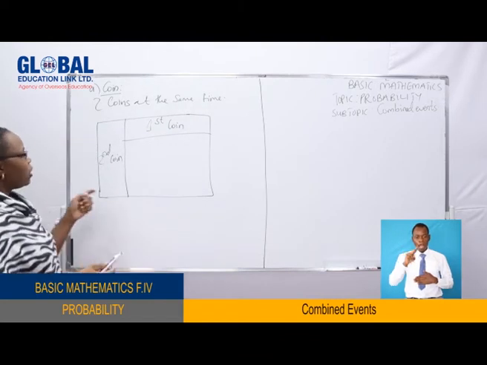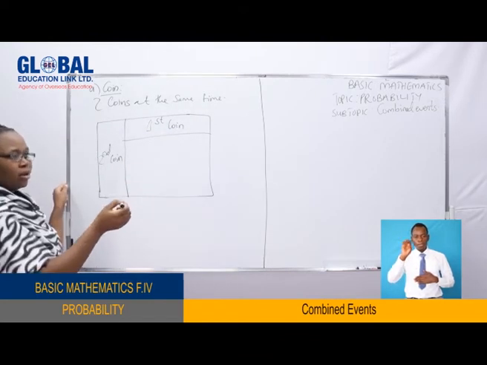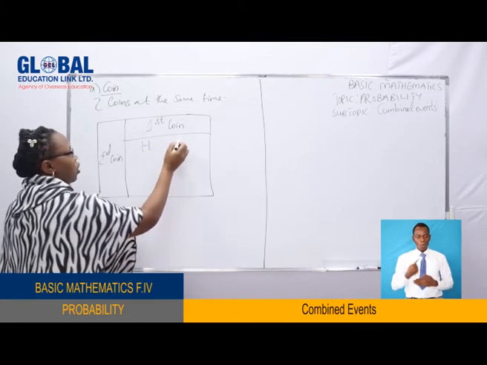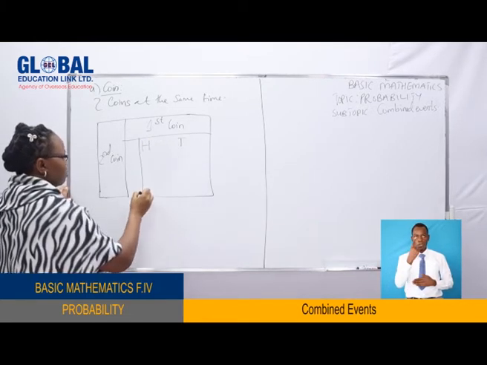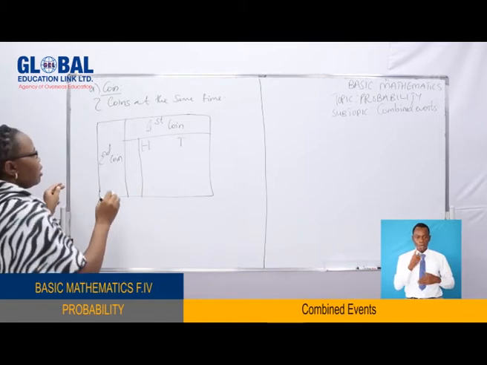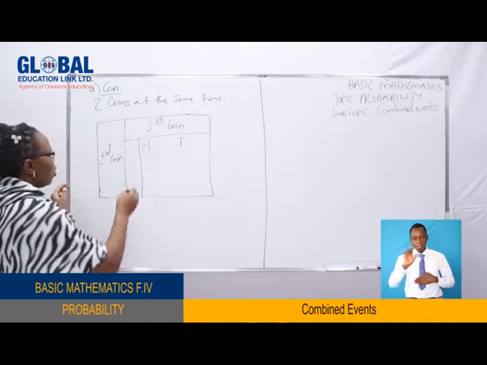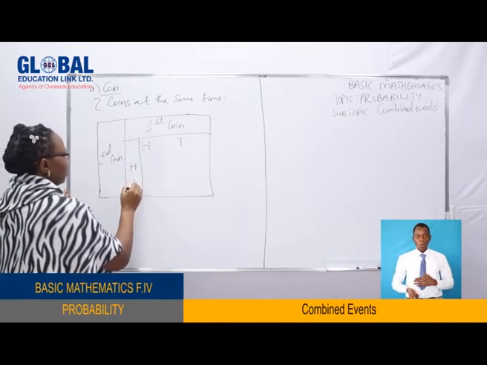So, when you toss the first coin, what will happen? It may be head or tail for the first coin. But when you are tossing the second coin also, what will be shown is head or tail.